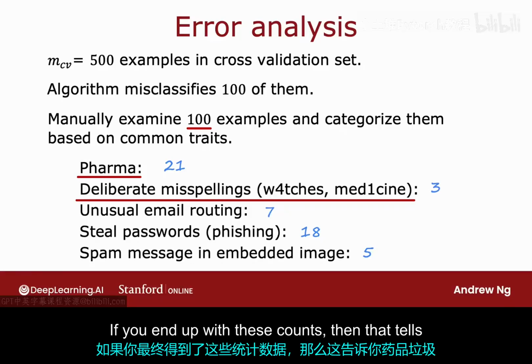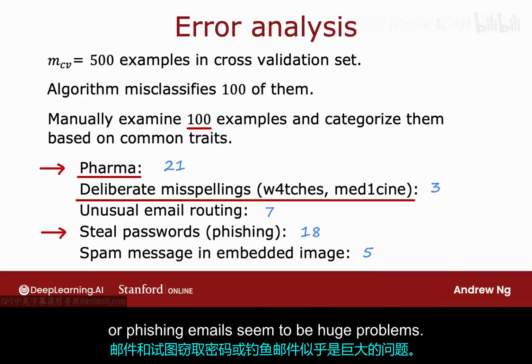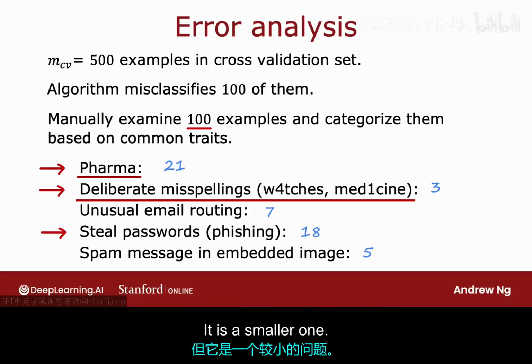If you end up with these counts, then that tells you that pharmaceutical spam and emails trying to steal passwords or phishing emails seem to be huge problems, whereas deliberate misspellings, well, it is a problem, but a smaller one.